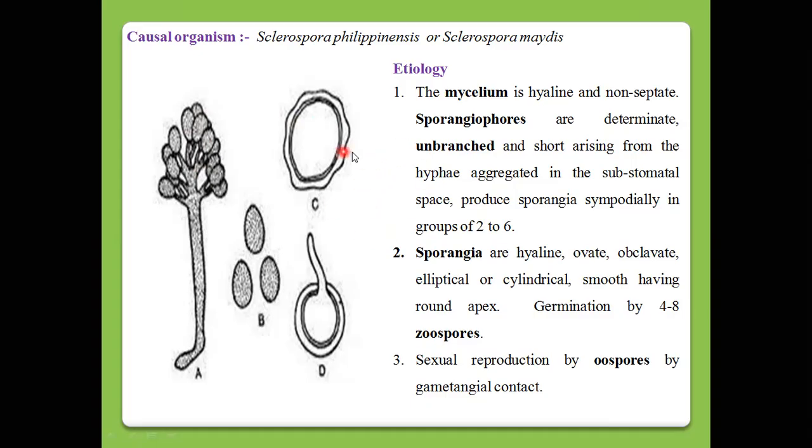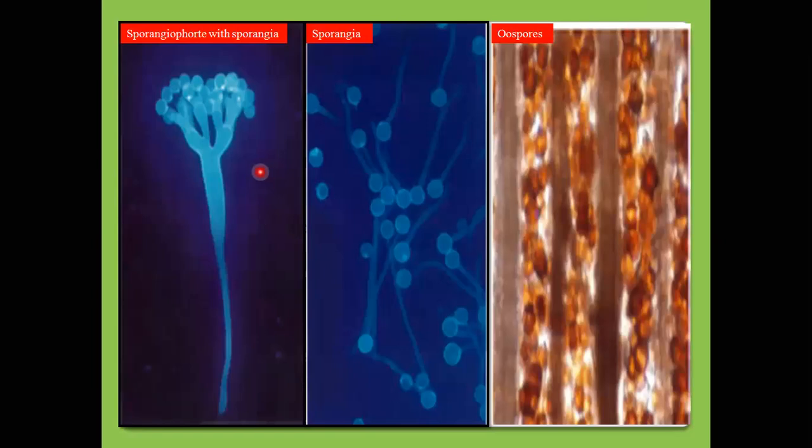So these healthy plants become infected. It means sporangia develop through asexual methods. But under favorable conditions, with the help of moisture, these sporangia again germinate to produce zoospores.